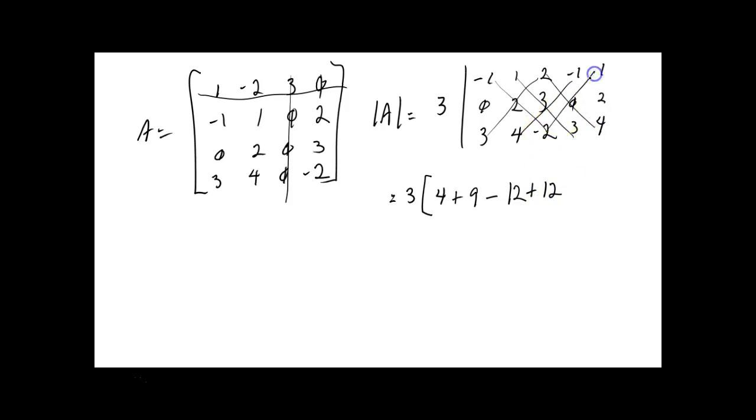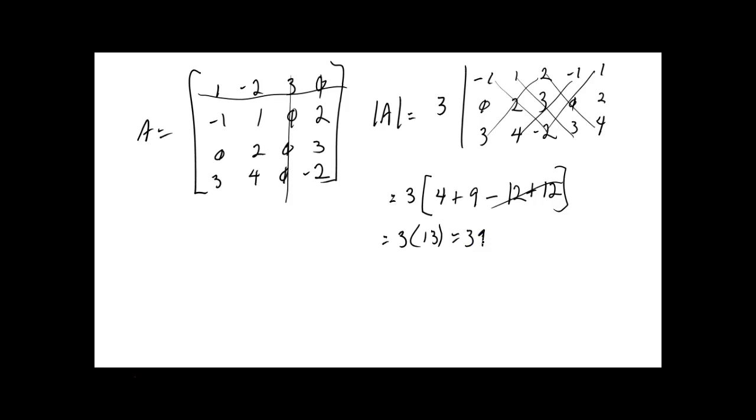And finally, your up diagonal, I like that one. What's that? 0, okay? Now, these add to 0, right? I like that. So this is 3 times 13, which is 39. There is your determinant of that matrix, okay?